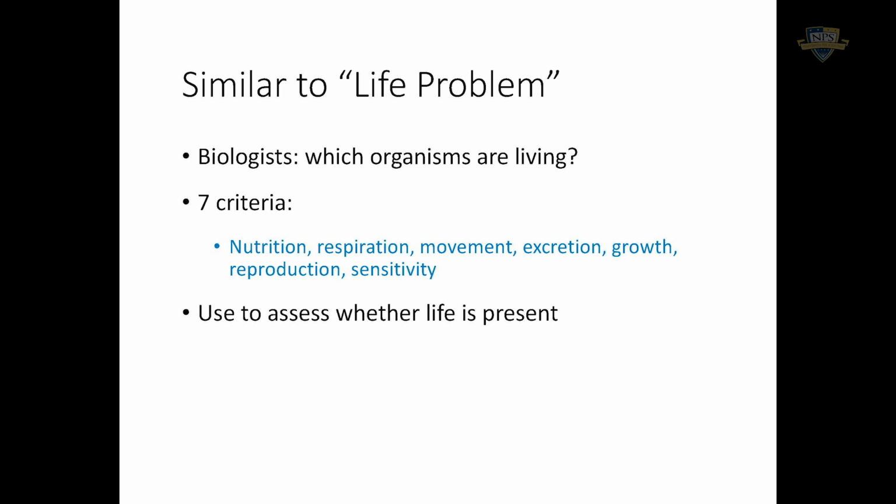These make more sense to biologists, but they're nutrition, respiration, movement, excretion, growth, reproduction, and sensitivity. Each one of those can be assessed, and if you have an organism that satisfies all 7 of those, almost all biologists will say it's alive. If you have an organism that only satisfies 1 or 2, you'll have big arguments among biologists about whether it's alive.